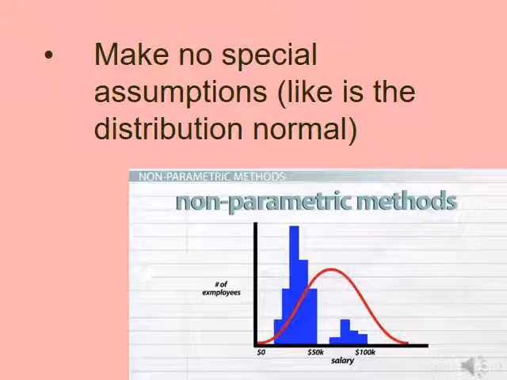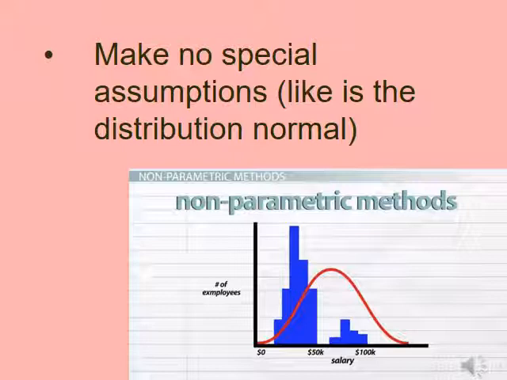What statisticians will tell you is the advantage to non-parametric statistics, though, is that they don't make any special assumptions. They don't assume that you're working with a normal distribution, which almost everything else we've done in statistics does under the surface. And if you don't have a normal distribution, things like z and t-tests can go wrong really easily.